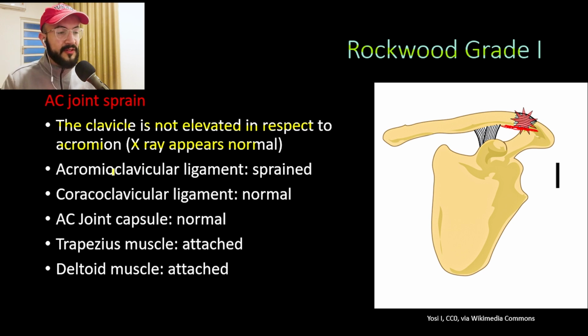Although the X-ray is normal, the acromioclavicular ligaments in Rockwood grade 1 are sprained, meaning they sustained an incomplete injury, while the coracoclavicular ligaments are normal, the AC joint capsule is normal, and the trapezius and deltoid muscles are both attached, with no abnormality in them. So the only abnormality in grade 1 is that the AC ligament is sprained.